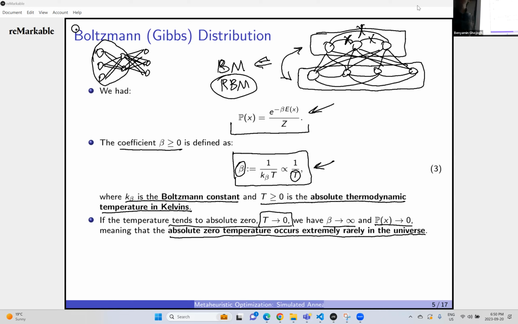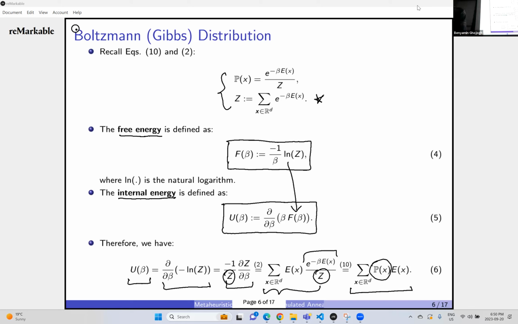So it means that when T goes to 0, the probability also goes to 0. It means that in the universe, the probability that we have 0 temperature in kelvins is very rare, maybe between galaxies.